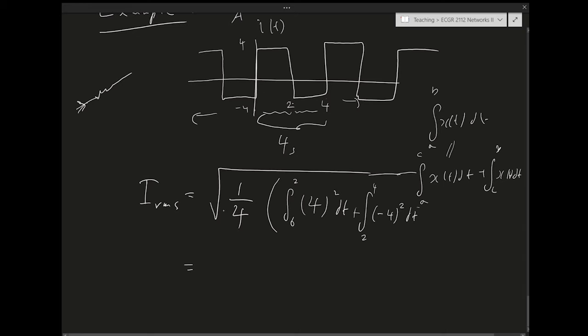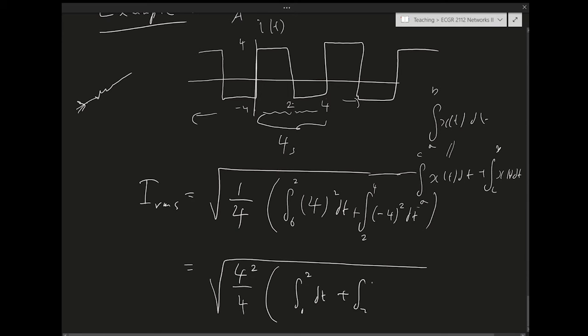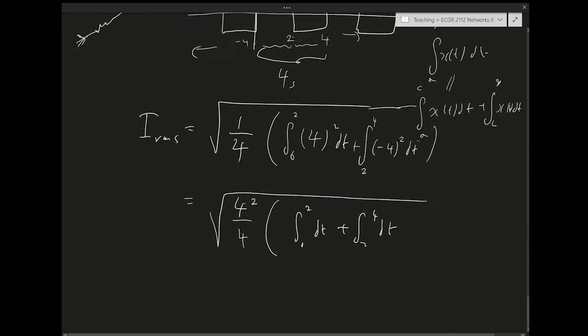So I end up with 1 over 4. -4 squared turns into 4 squared, so I can take the 4 squared out. And then the integral becomes 0 to 2 dt plus 2 to 4 dt.